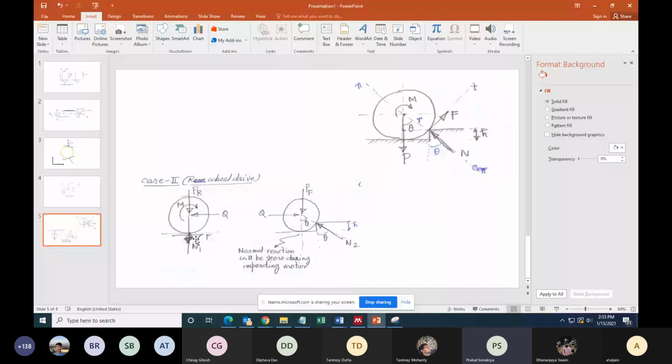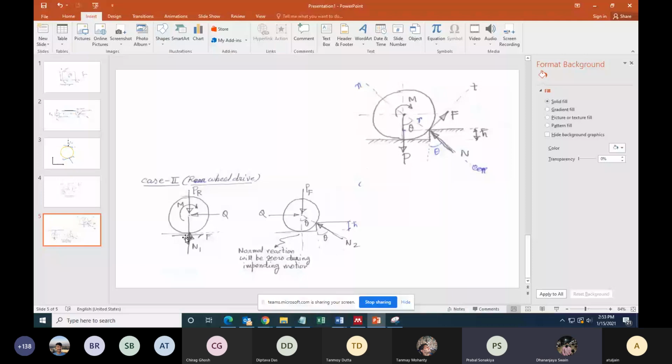Because the front wheel is not rotating, it is going above. So it can rotate due to force Q, no? No, it will not rotate. Front wheel is not going to rotate. It is just going to go above this. Rotation happens due to a torque. Now there is no torque in the front wheel. Only the back wheel is going to rotate and the front wheel is going to get pushed over it. Yes, sir.